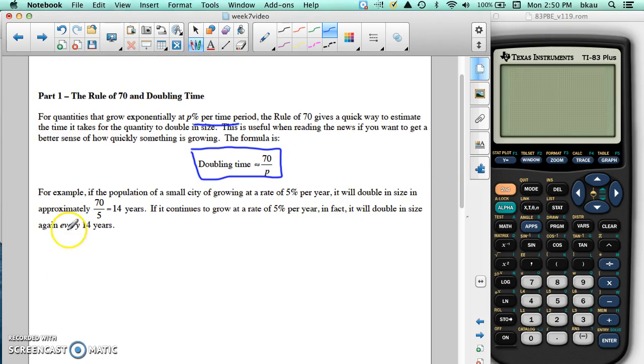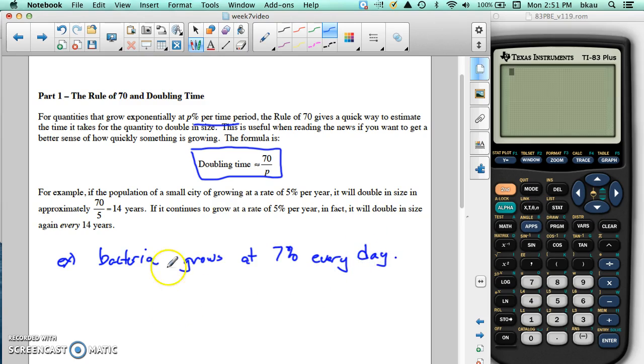So another example would be if we had bacteria that grows at 7% every day.